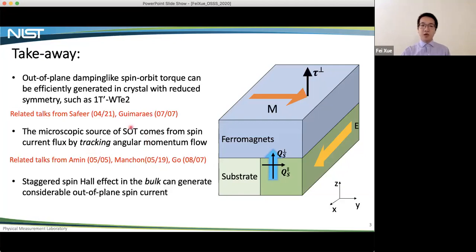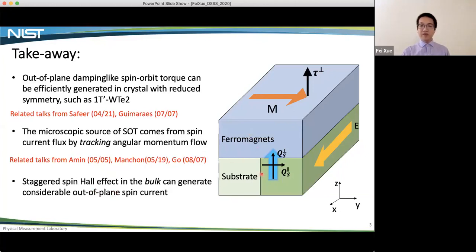Our conclusion, at least in the heterostructure we have studied, is that the source of this spin-orbit torque is quite conventional: spin current flowing from the substrate to the ferromagnet is the major source, even for this unconventional perpendicular out-of-plane torque. There are also many related talks. These three are most related. Please check them out from the theory point of view.